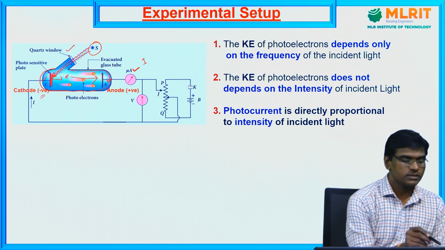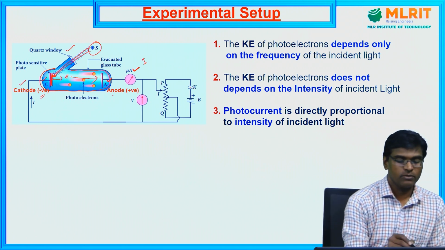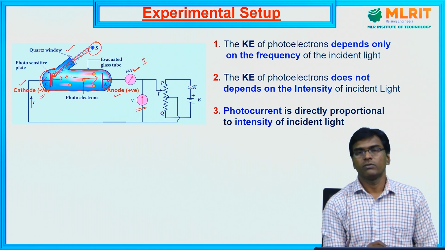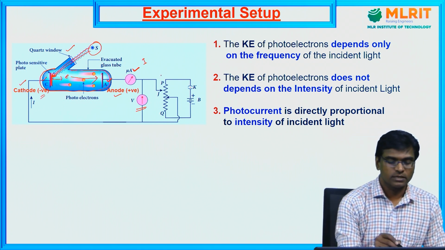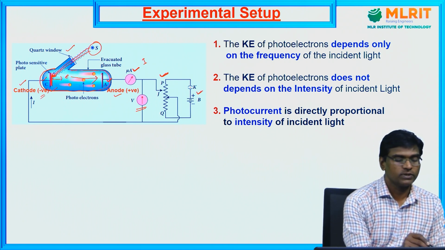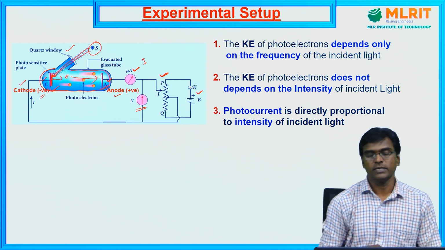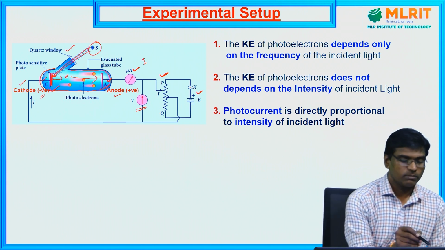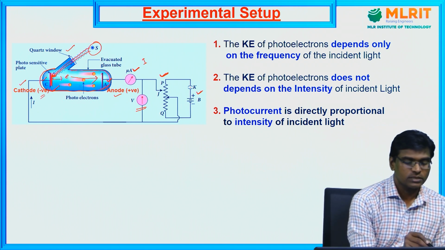The cathode and anode are maintained at some potential difference, measured by a voltmeter. There is a variable resistor and an external battery to maintain the potential difference between the cathode and anode. Whenever you shine a suitable frequency of light, electrons are ejected from the metal surface and reach the anode.